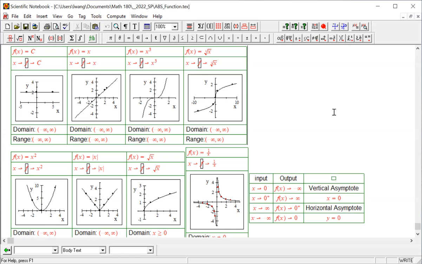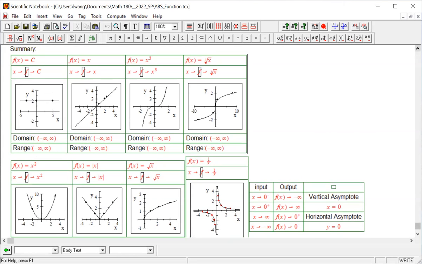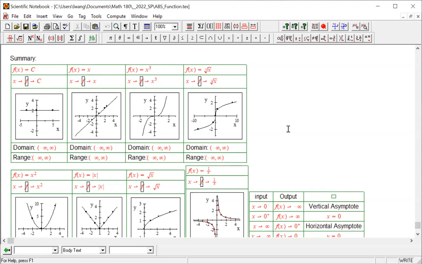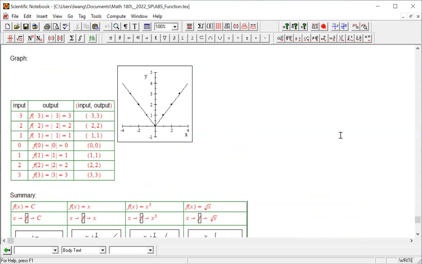There will be more complications about the rules, okay? So here's the summary of all the functions, and you will have quizzes asking about these questions, right? Asking about matching the curve with the function and so on and so forth. But anyway, we have covered the absolute value function here, okay?